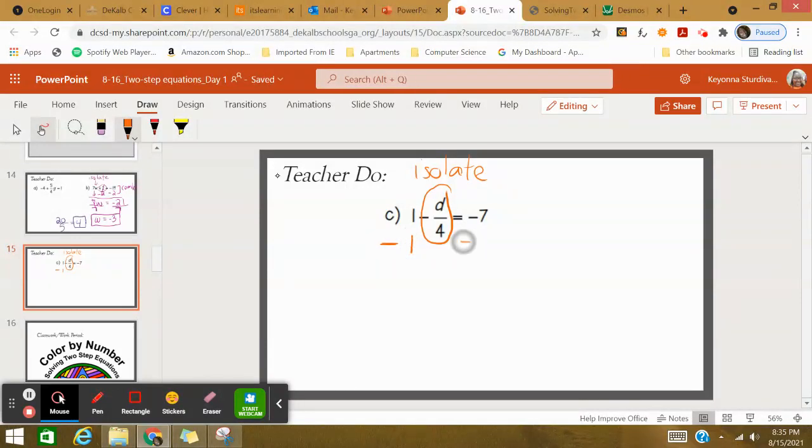I'm going to subtract a 1 on both sides. Okay. So +1, -1 will cancel. I didn't do anything with this negative d over 4, so I'm just bringing it down. And then from here, I'm combining these two on the right, -7 and -1.